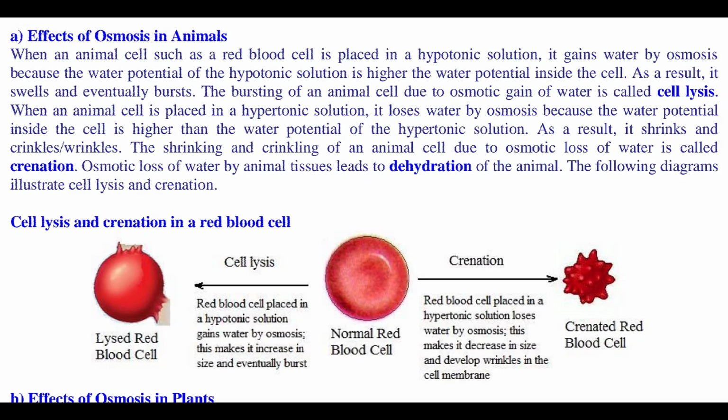When an animal cell, such as a red blood cell, is placed in hypotonic solution, meaning a solution which has less concentration than the solution inside the red blood cell, remember, the water molecules will move from the less concentrated region to the more concentrated region.